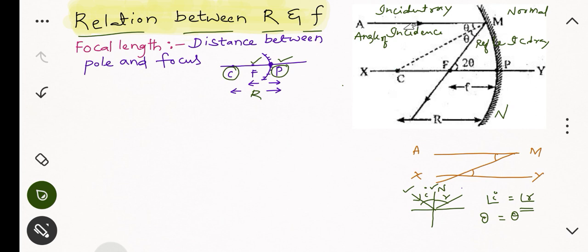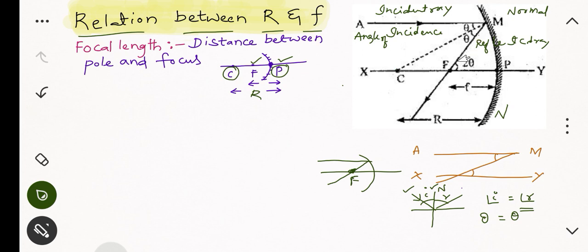Now whenever a parallel beam of rays is incident on a concave mirror, after reflection from the mirror it will pass through the focus.